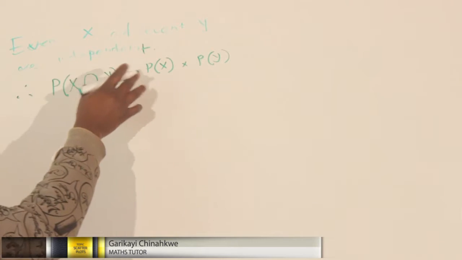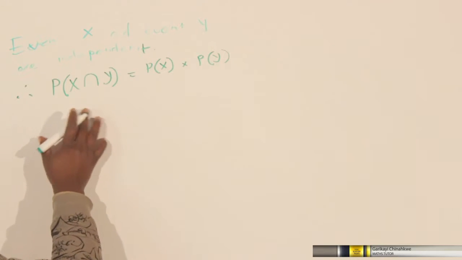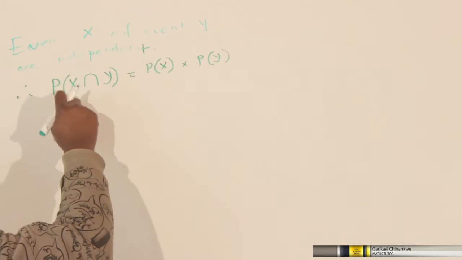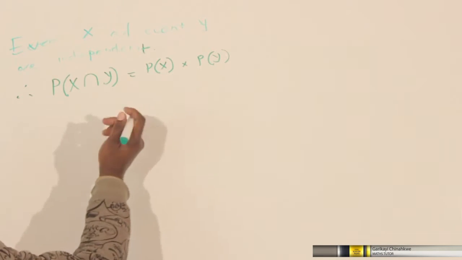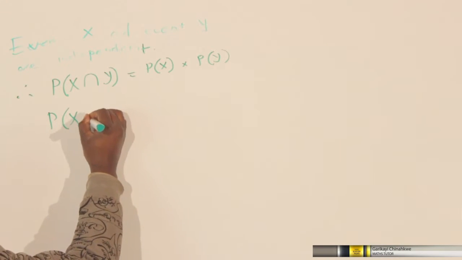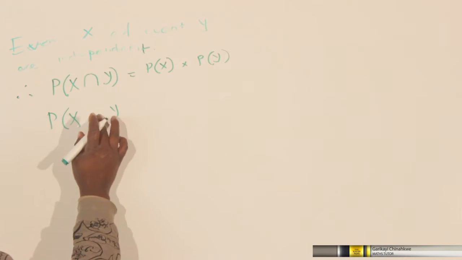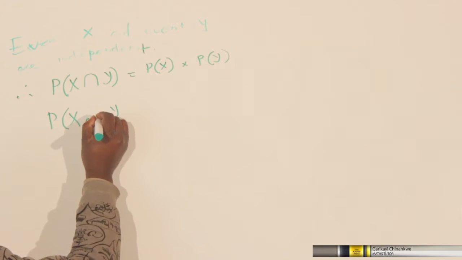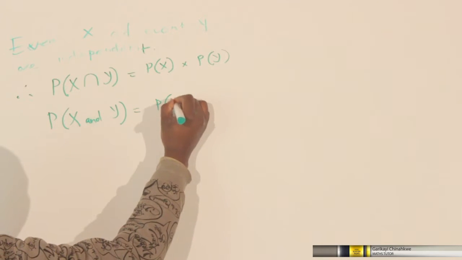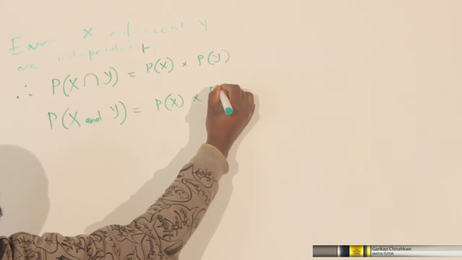If two events are independent, the intersection of X and Y should give you this. Let me write this in words. Probability of X and Y should be given by probability of X multiplied by probability of Y.